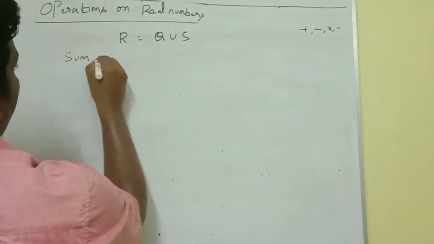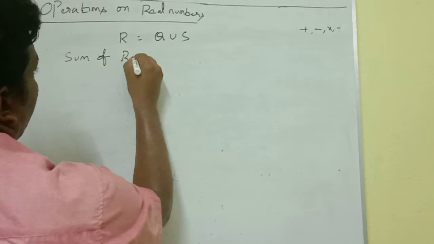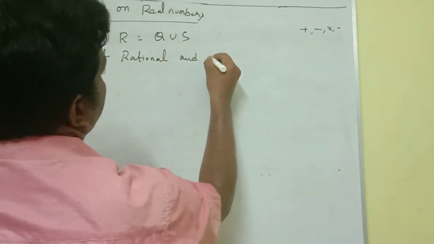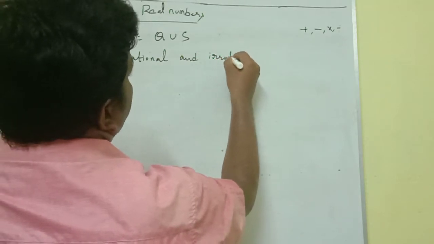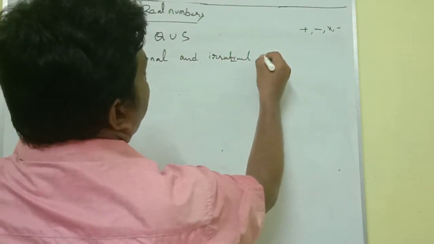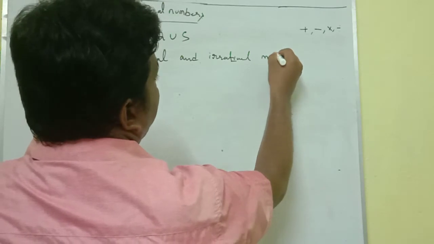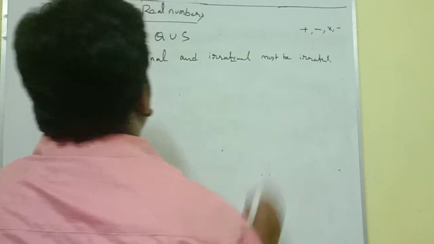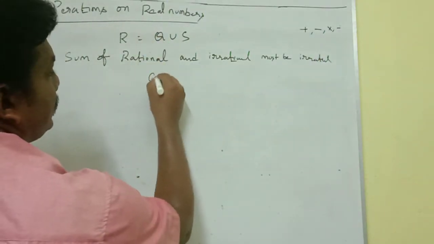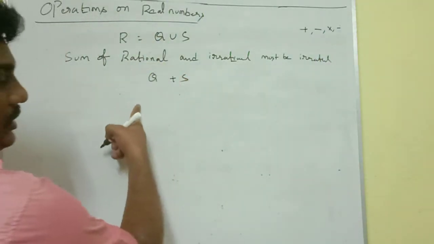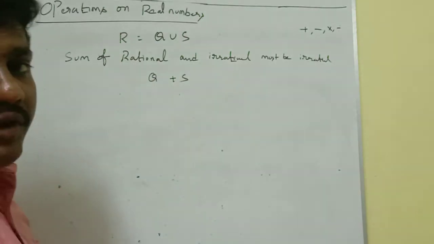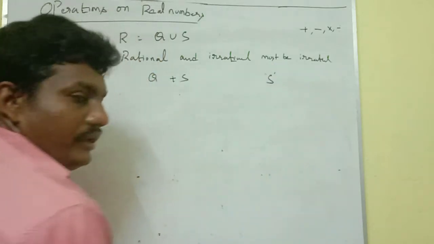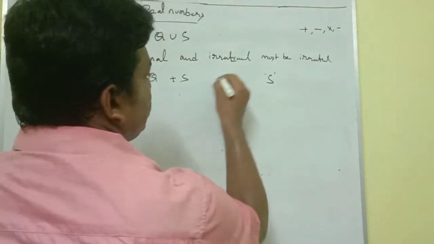The sum of a rational and an irrational must be irrational. So q plus s, a rational number and an irrational number: if you add rational and irrational, we get an irrational number. That is the sum.